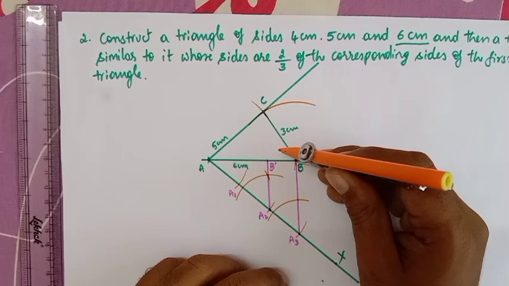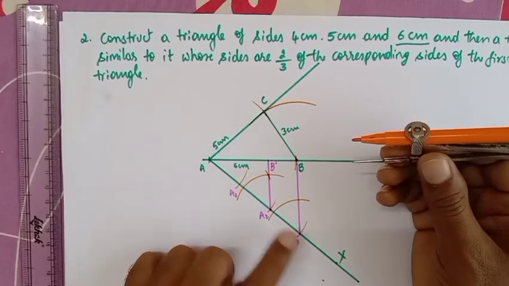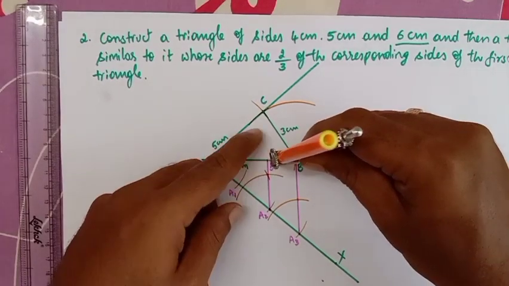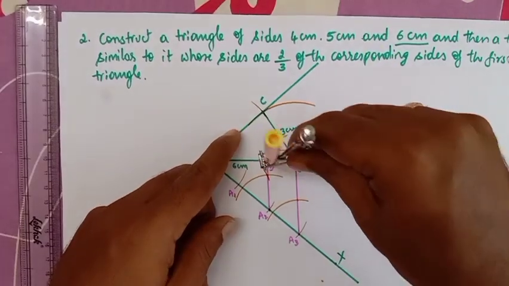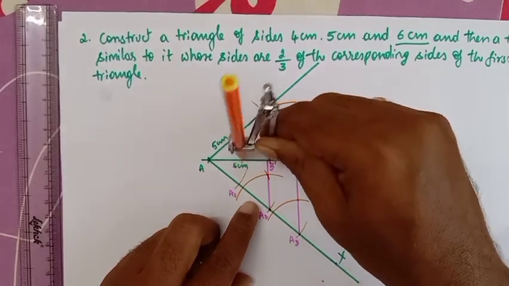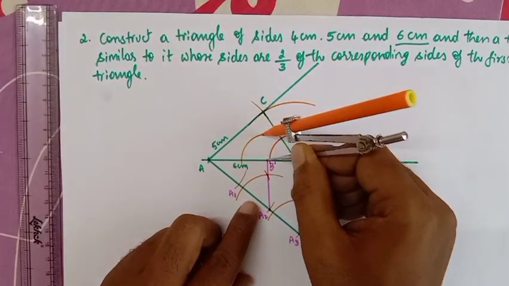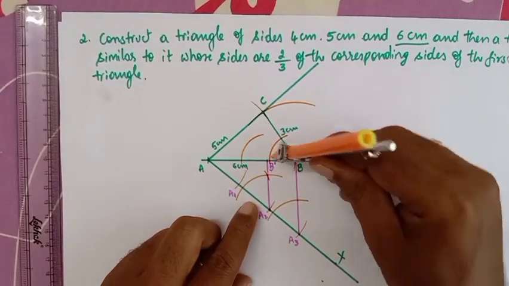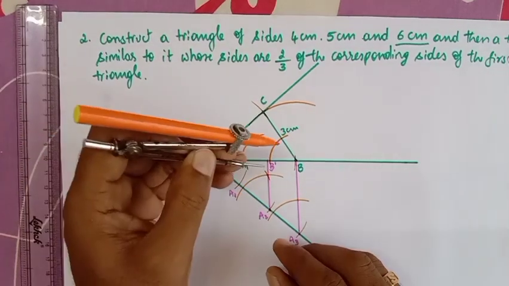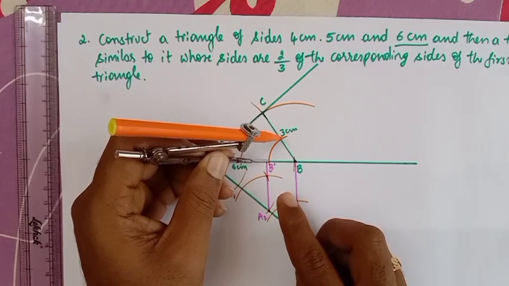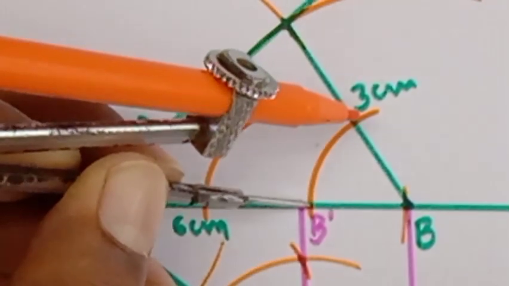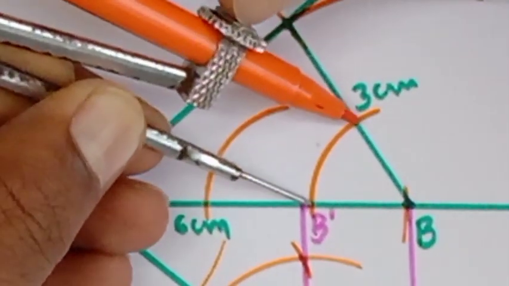Now let us continue with the same procedure as we did in A3 and A2. Firstly, keeping the compass at B, we will cut an arc. Likewise, from B dash also we should cut an arc, as I did at B. Then, keeping the compass at the newly got point, we should adjust it to the point here.